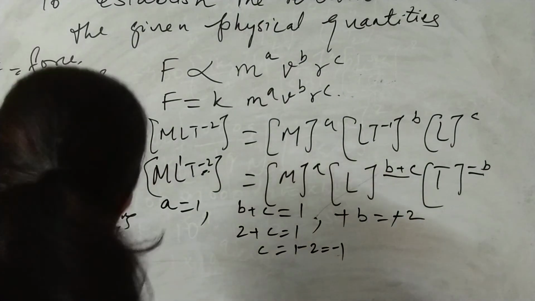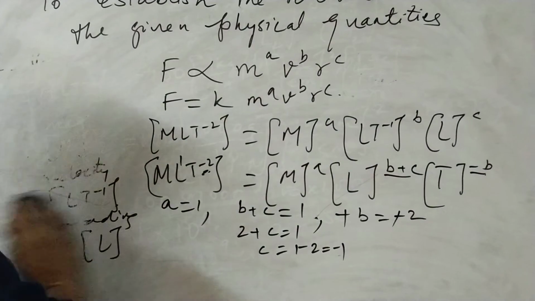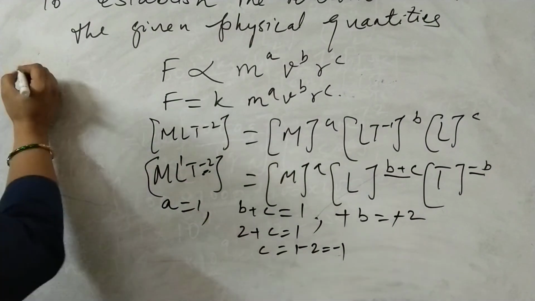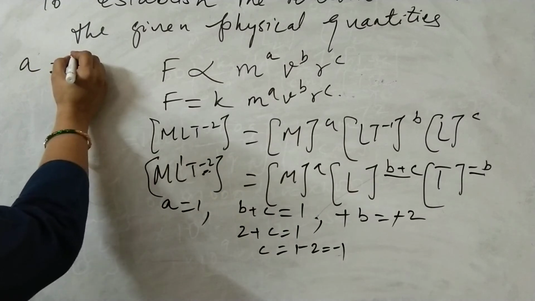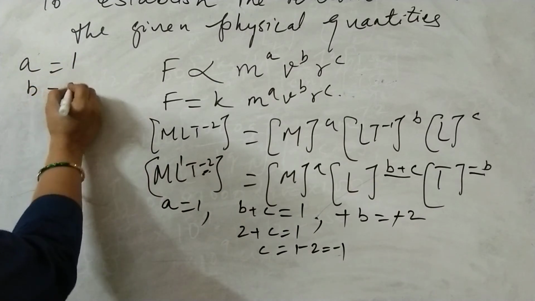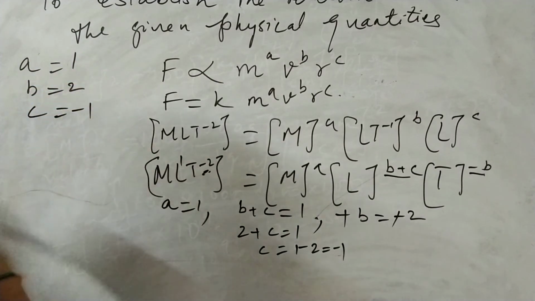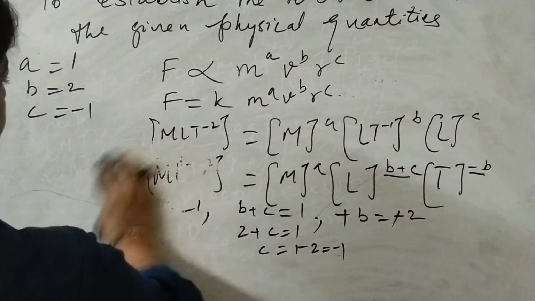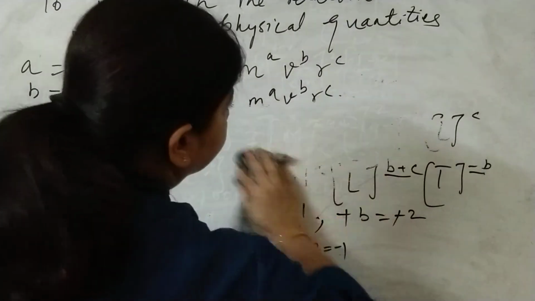So in short, let me write the values which we have got: a is equal to 1, b is equal to 2 and c is equal to minus 1. Now let's substitute in this equation again.